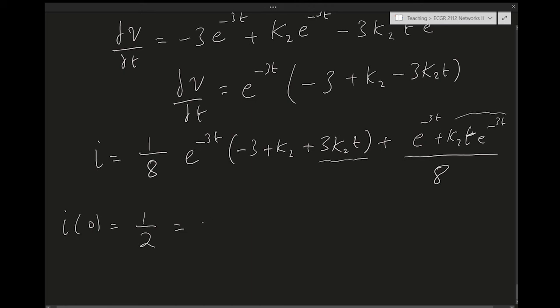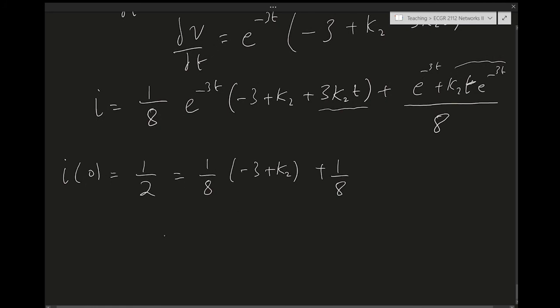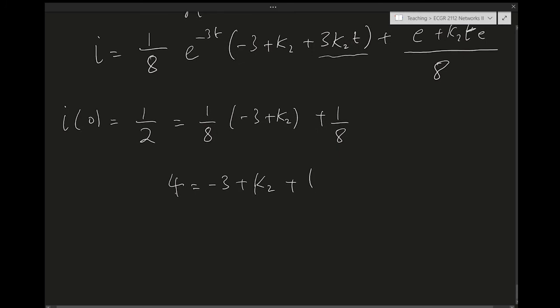I end up with 1/8 times (e to the power 0, which is 1, times minus 3 plus K2), plus e to the power 0, which is 1, all over 8, equal to 1/2. Multiply both sides by 8, I end up with 4 equals minus 3 plus K2 plus 1. Move 3 to the other side, it becomes 7. Move 1 to the other side, minus 1, so it becomes 6. K2 would be 6.